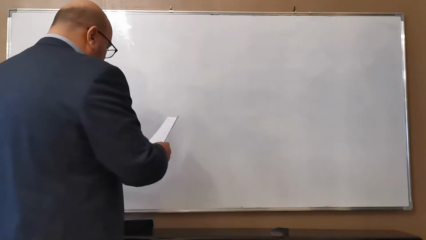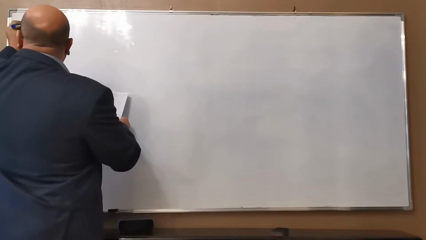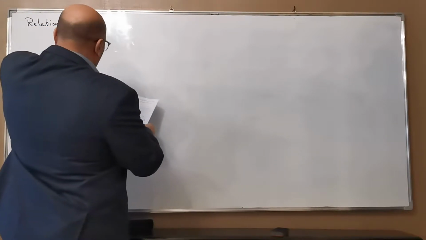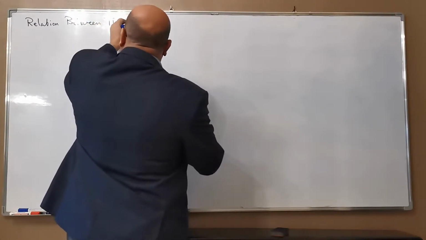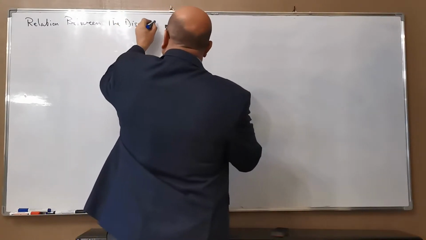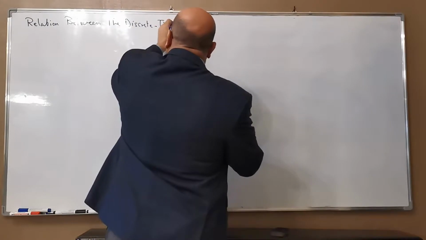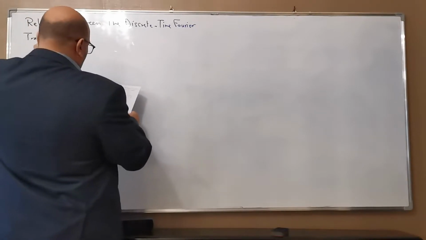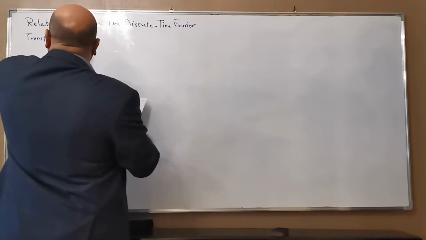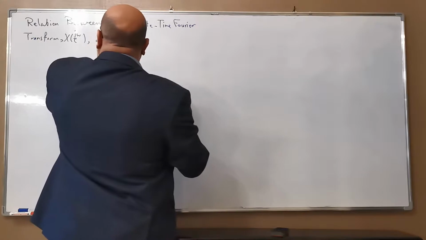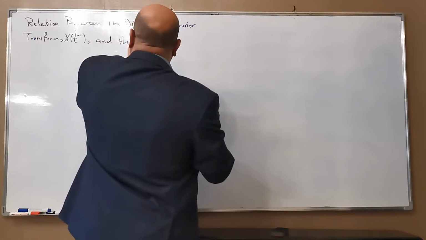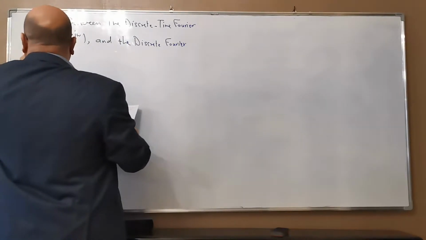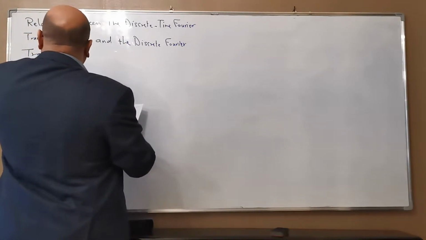So today's lecture is the relation between the discrete time Fourier transform, which is known as X of e^jω, and the discrete Fourier transform, which we call X of k.